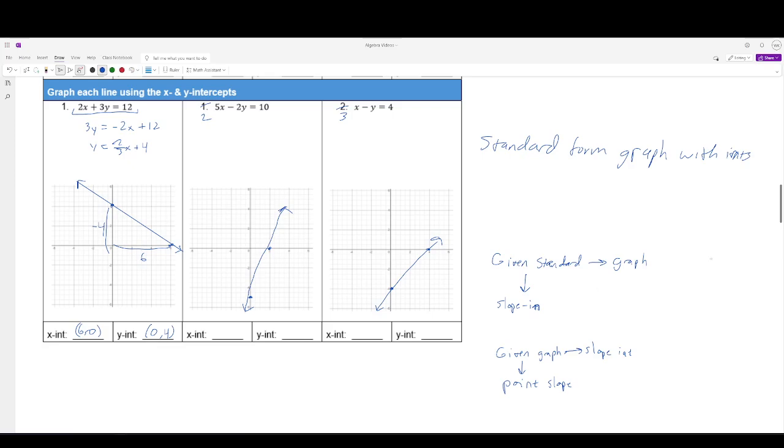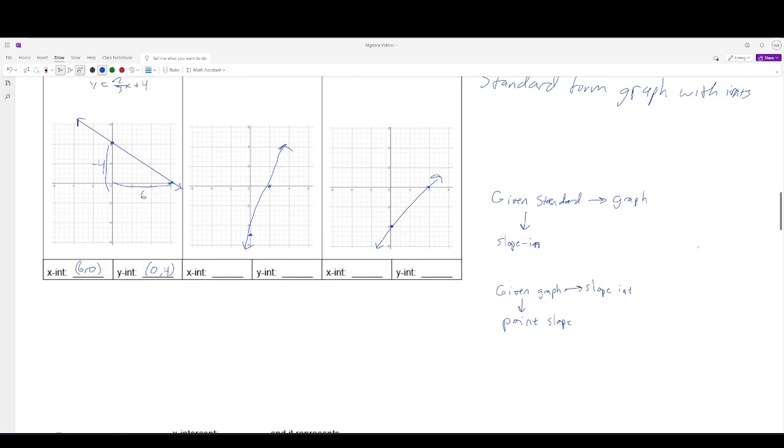Keep in mind, though, that if we have point-slope, we can convert that into either slope-intercept by distributing and rearranging our terms, or we can convert it into standard by distributing and rearranging our terms.